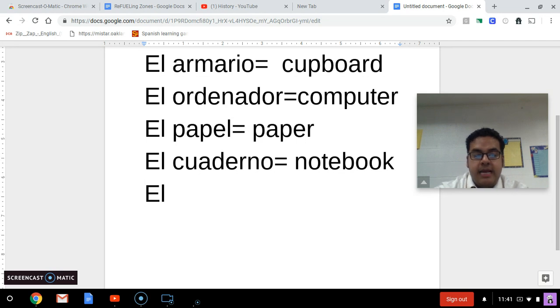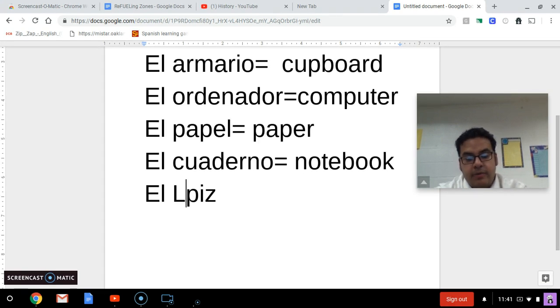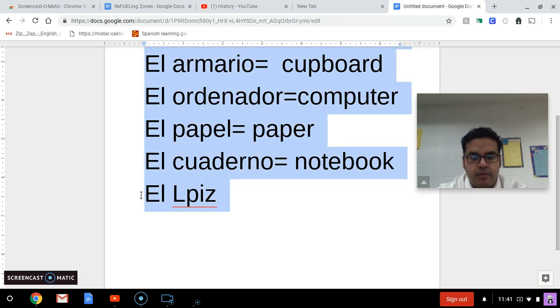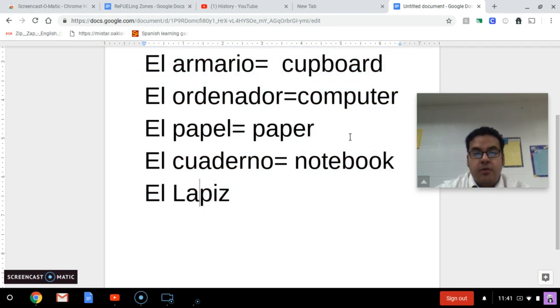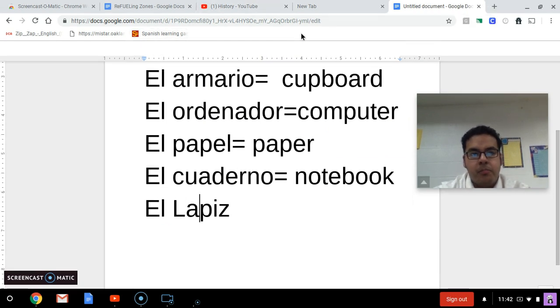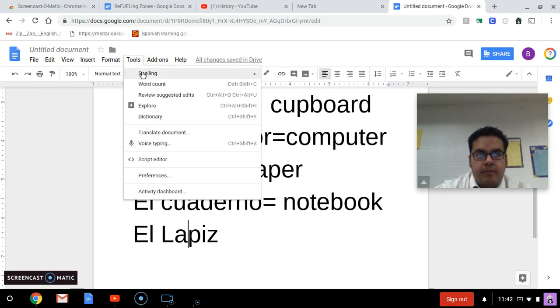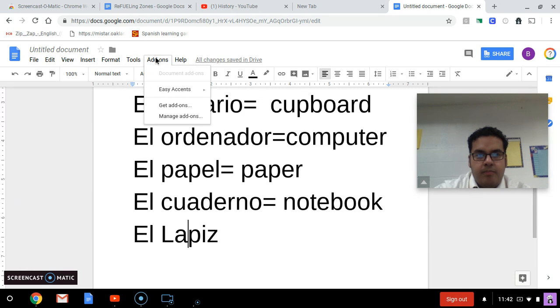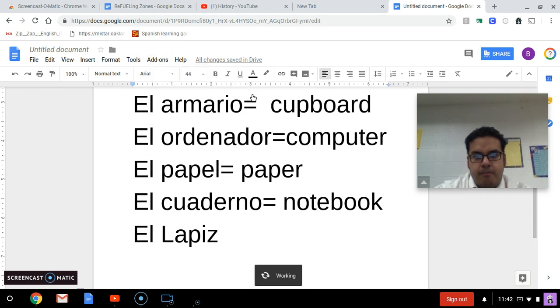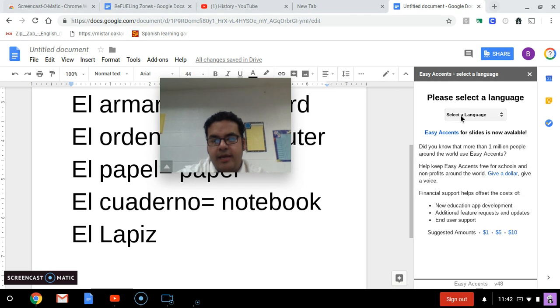El cuaderno. Next we have el lápiz. Very important that we use the correct A here. We need an A with an accent mark over it. I got to get my letter A here.